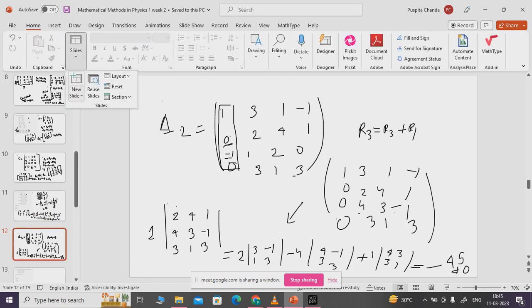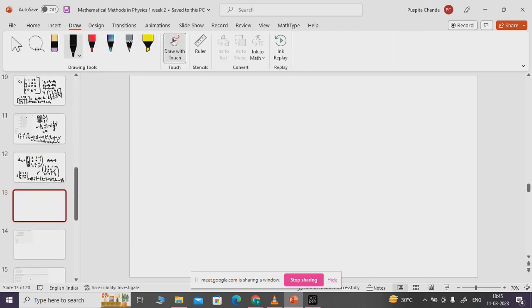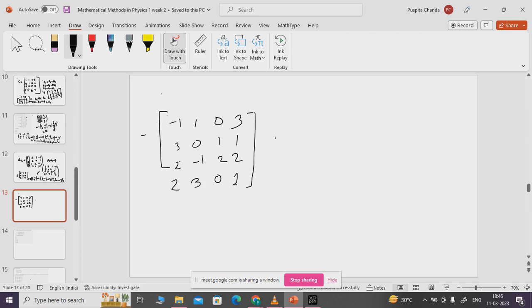We can see for matrix C also, for the sake of completeness, delta 3, that is what? Minus 1 0 3 1, 3 0 1 1, 2 minus 1 2 2, and 2 3 0 1.